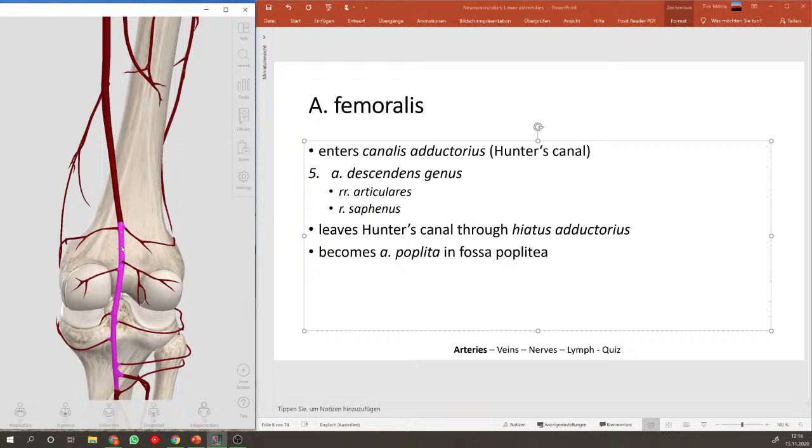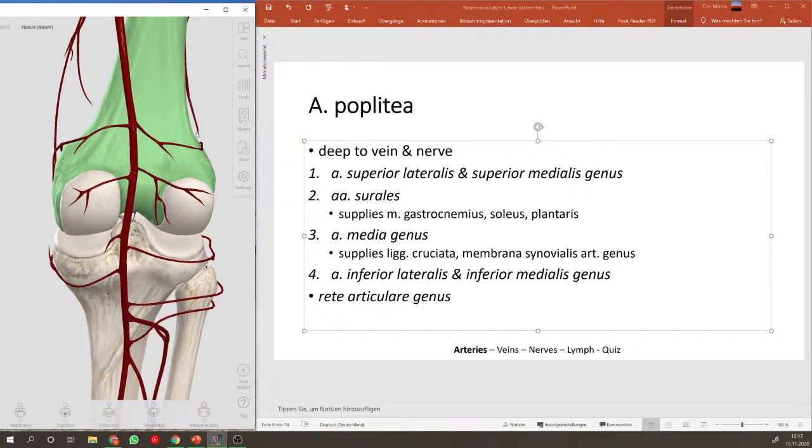So superior means superior, medial means medial, so on the left side of the screen, and lateral on the lateral side. Yeah, so it will affect these arteries here. So arteria superior medialis genus and lateralis genus, and the same name applies for the inferior arteries here.